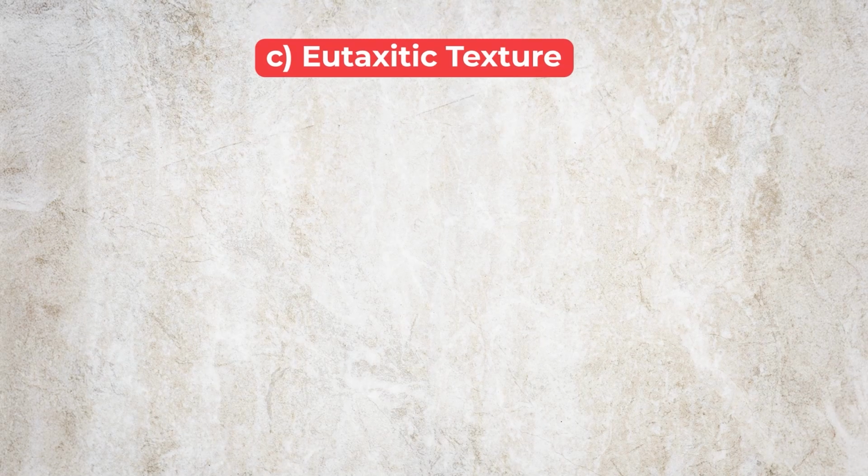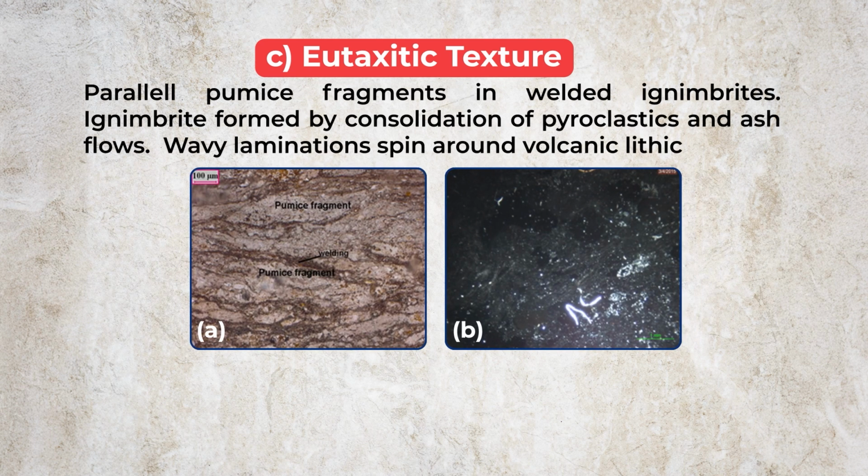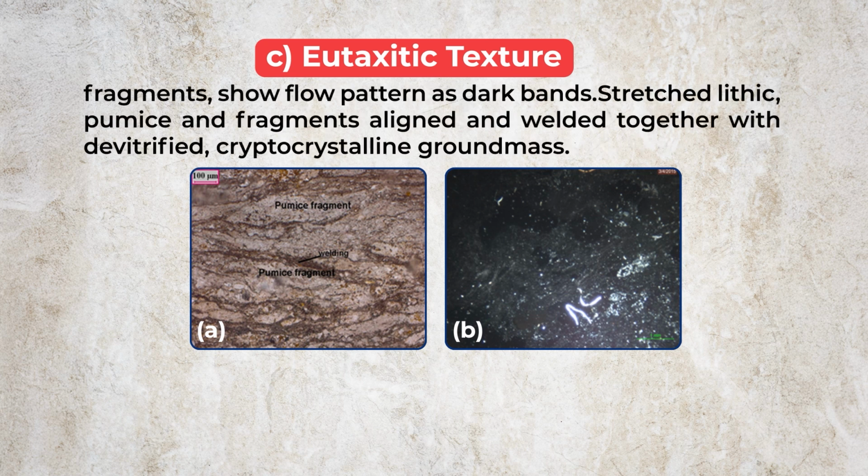The eutaxitic texture is where there are parallel pumice fragments in welded ignimbrites formed by consolidation of pyroclastic and ash flows. Wavy lamination bends around volcanic lithic fragments and shows flow pattern as dark bands.